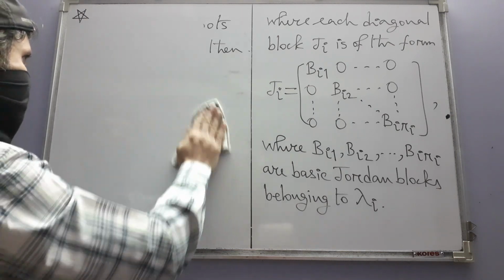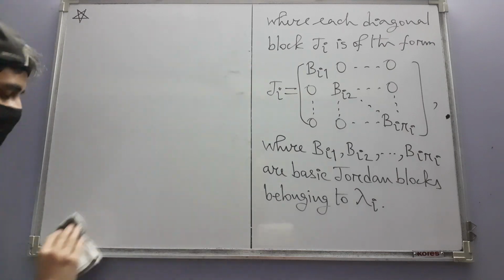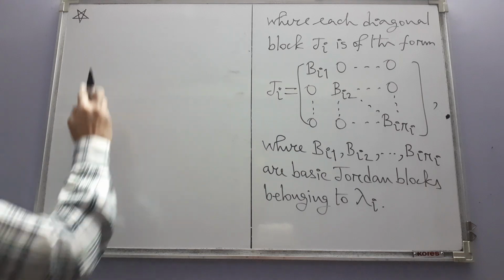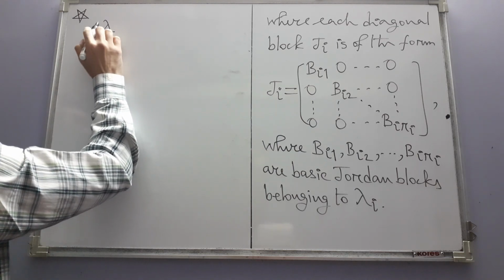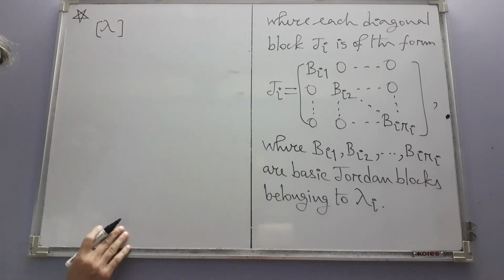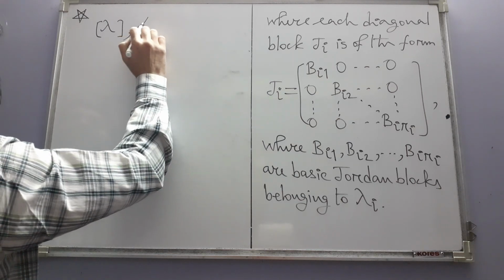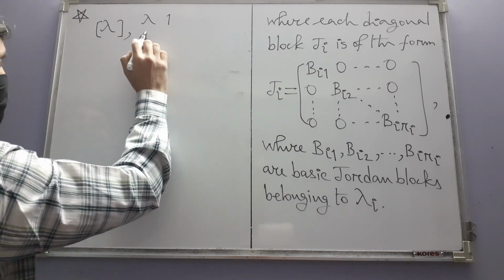That itself is a Jordan block. So this is a 1 by 1 basic Jordan block. A 2 by 2 basic Jordan block is going to look like this.